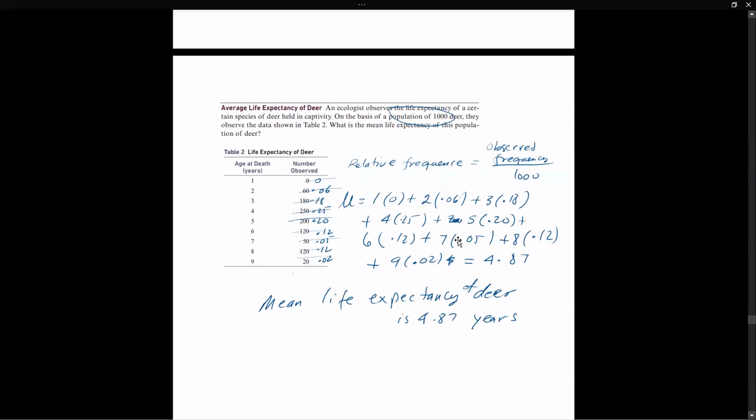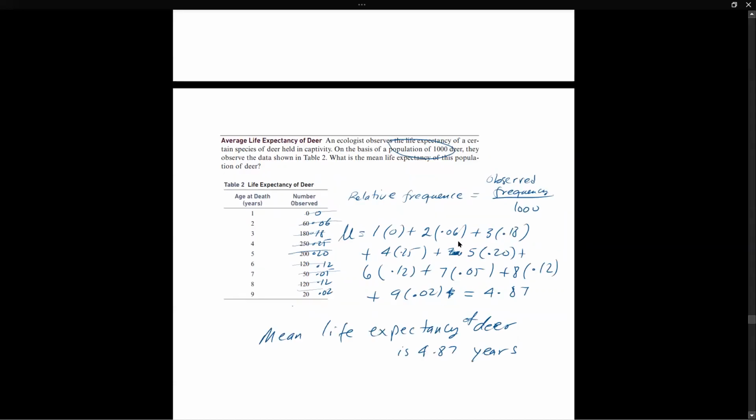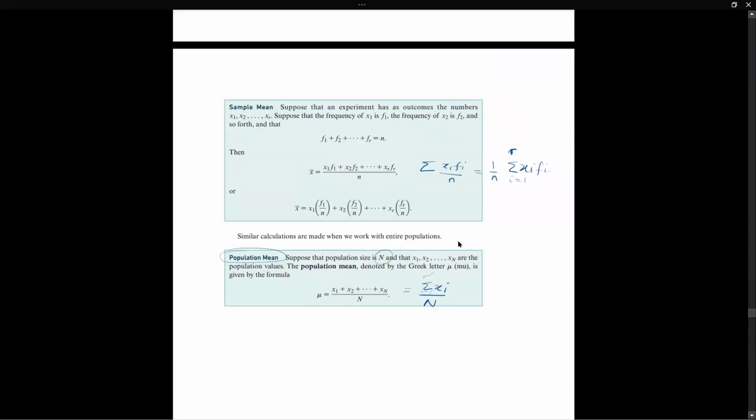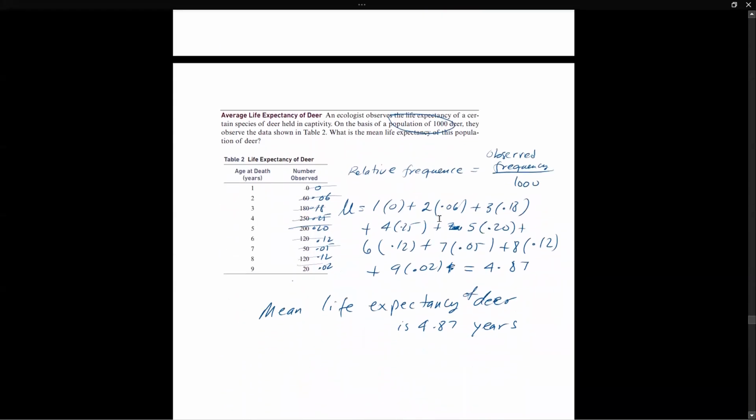Okay, so in summary, to figure out the mean, if you have the frequency, then you will use the formula divided by n.